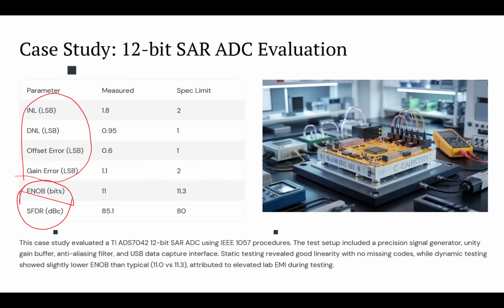The passing criteria for this gain error in the IEEE 1057 is 2 LSB. Since we are in the correct range, our specific ADC is passing these parameters too.